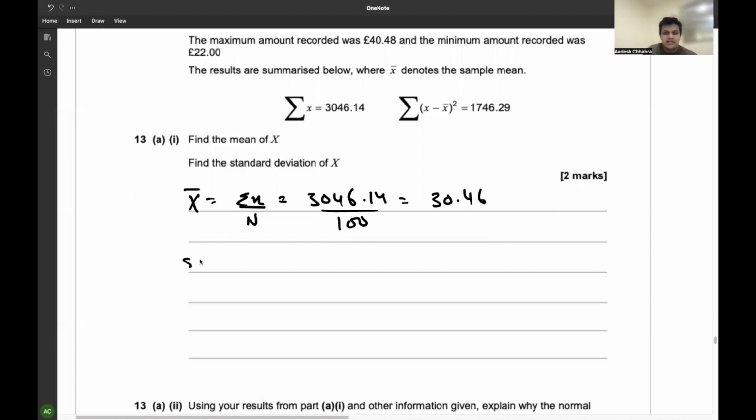Now, for our standard deviation, this would just be the square root of the sum of X minus X bar squared upon N. So this would just be equal to 1746.29 upon 100, which is 4.179. Now, I know the mark scheme says that this should be 99, but 100 is a perfectly valid answer, so you should have no problems.